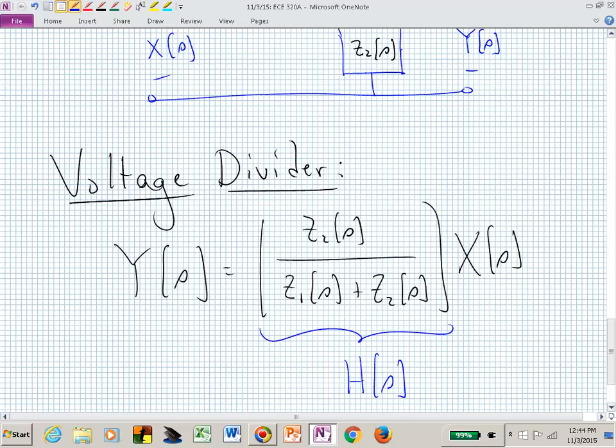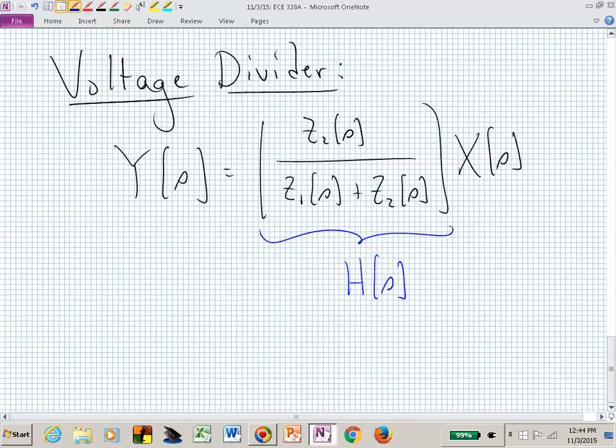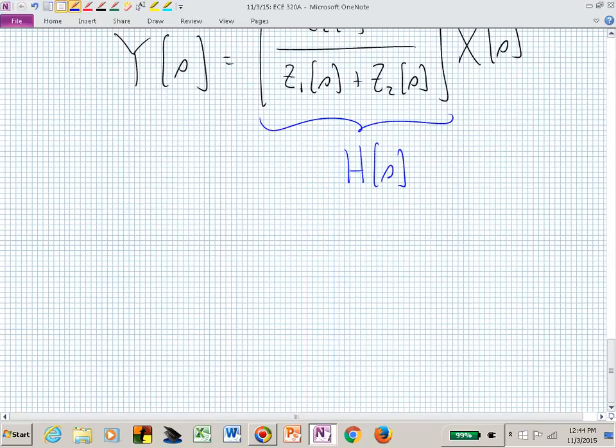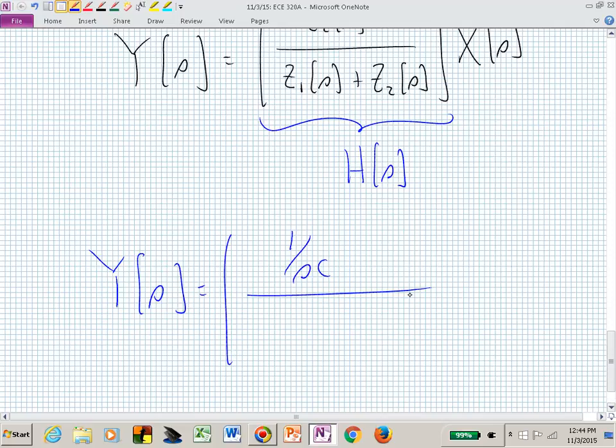And if we plug in specific values or expressions for Z1 and Z2, we can now say that capital Y of S is equal to 1 over SC all over R plus 1 over SC times X.